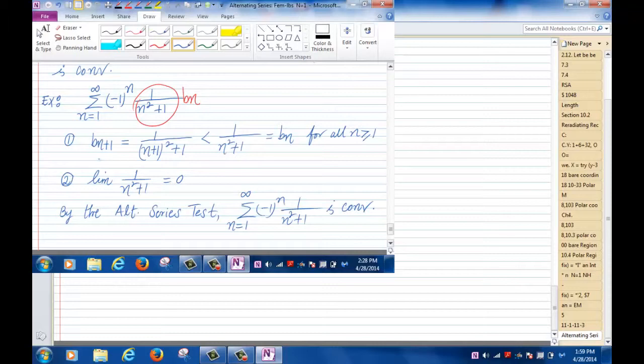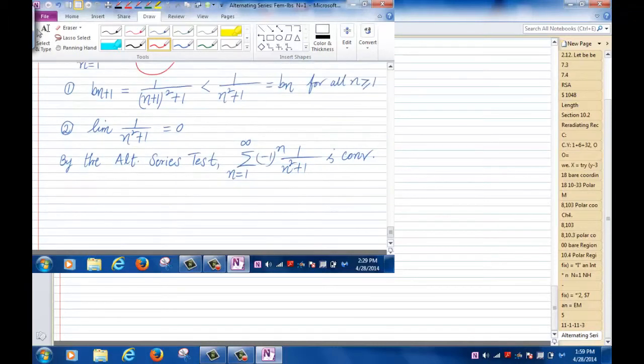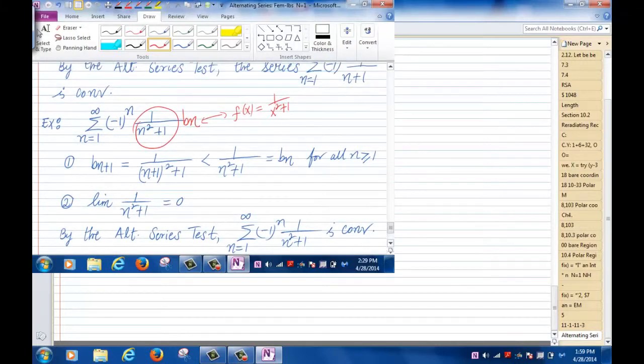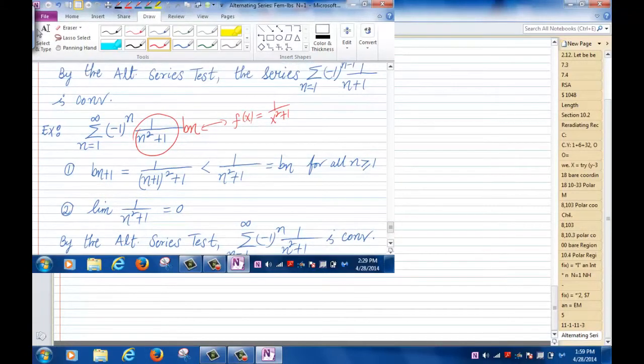If I look at Bn, I can think of a corresponding function, f of x is 1 over x squared plus 1, and then I can find out where this function is decreasing. Take the derivative, find where the derivative is negative. That's going to tell you where the function f is decreasing after some point on. Am I making sense? I'm going to do an example like that in a bit. So this is not the only way of showing that the sequence is decreasing. This is a direct way.